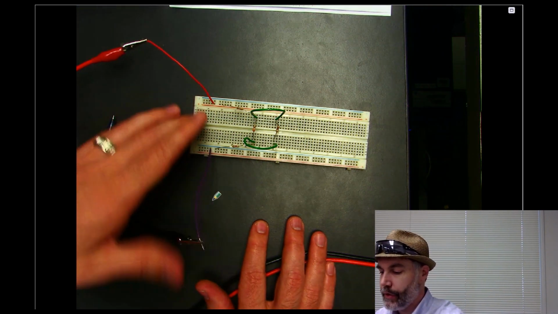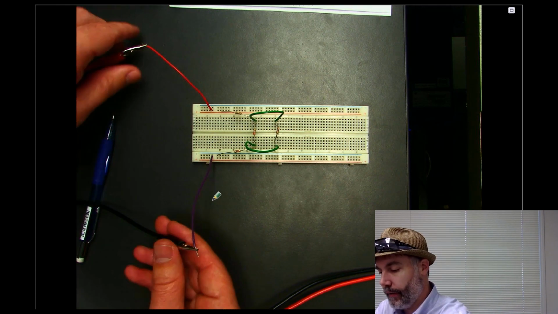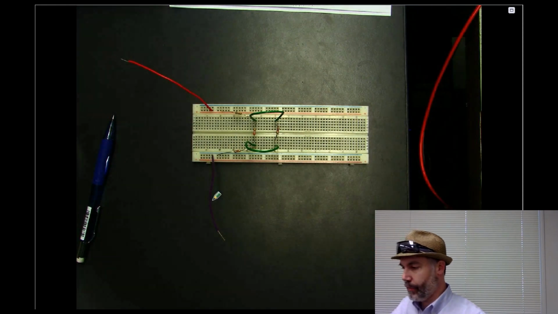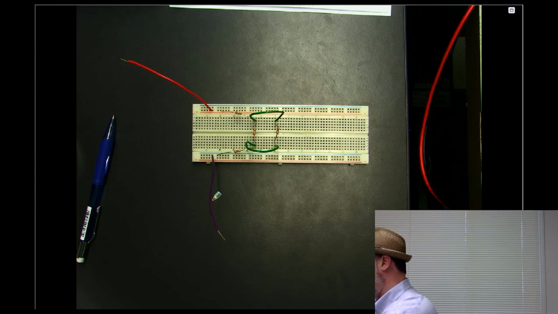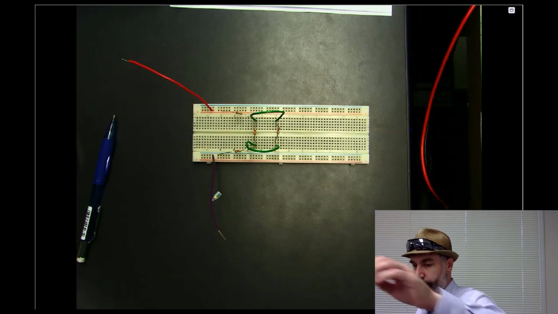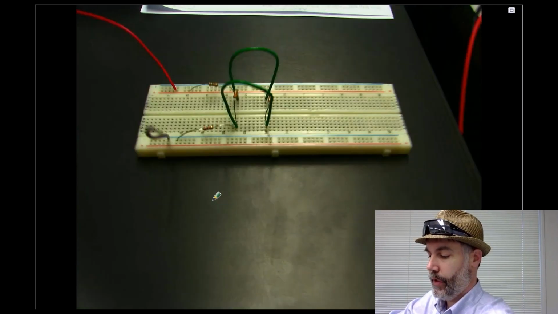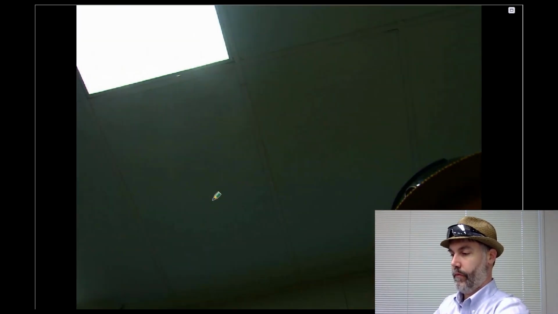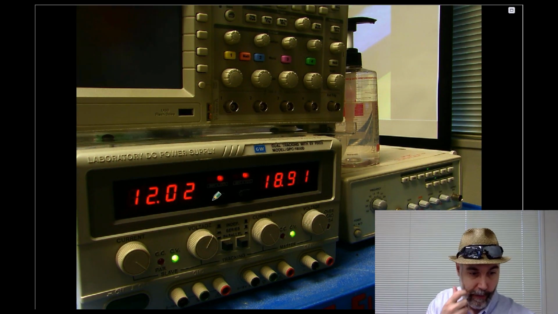All right. So we've got this circuit set up. Now we're going to connect this circuit to our power supply. So we're going to turn on our power supply. All right, so here's our power supply.